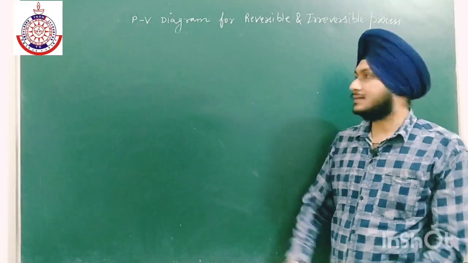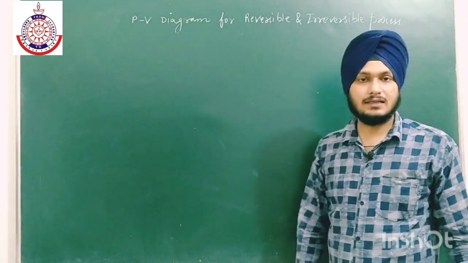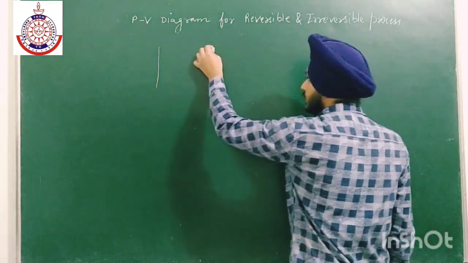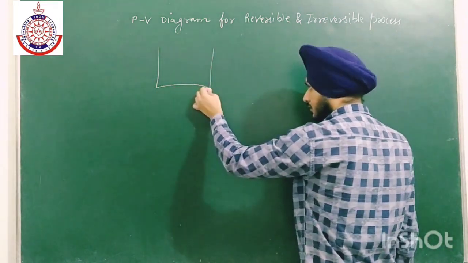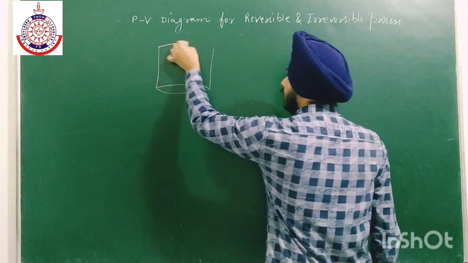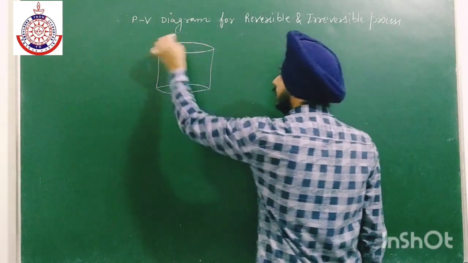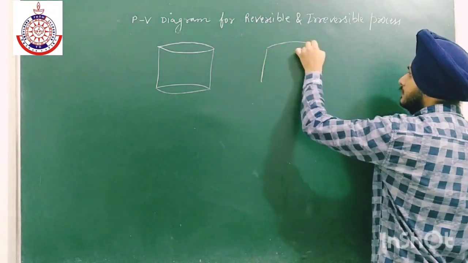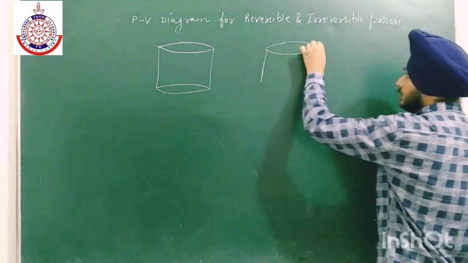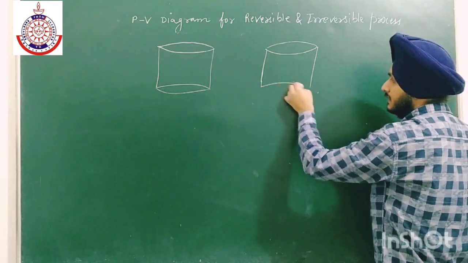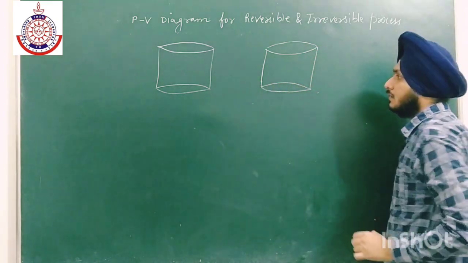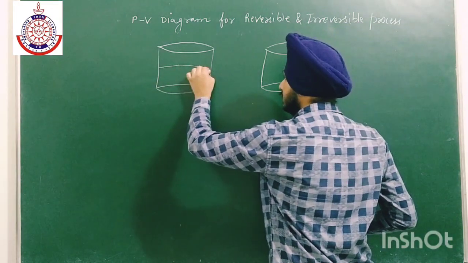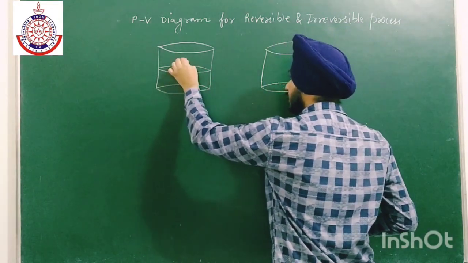Now let us discuss the PV diagram for reversible and irreversible processes. I am taking two identical systems for explaining the PV diagram for reversible as well as irreversible. I am taking the same gas with the same amount, the moles are the same, and we have a piston over here.